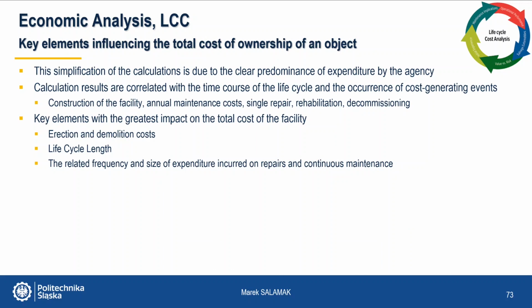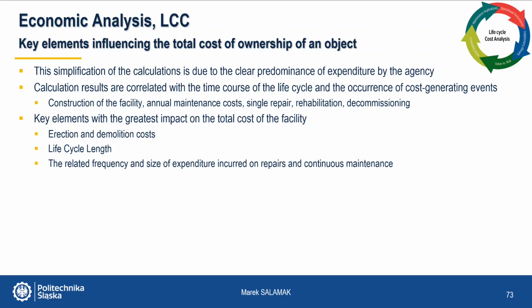This simplification of the calculations is due to the clear predominance of expenditure by the agency. Therefore, often only costs related to the entity ordering the object are taken into account. The calculation results are directly correlated with the time course of the facility life cycle and the occurrence of individual cost-generating events.